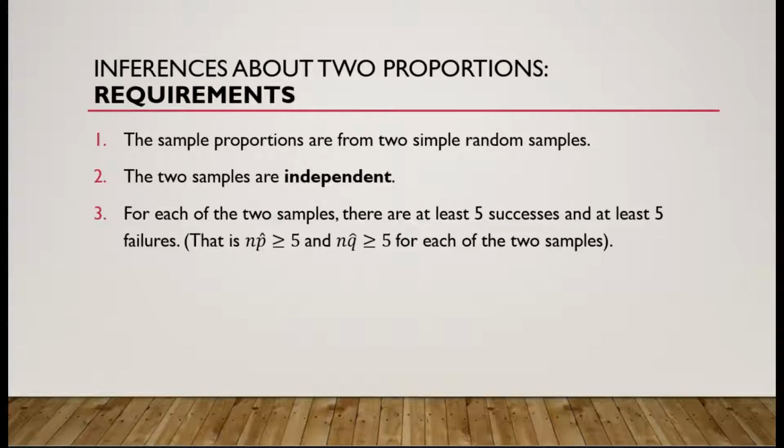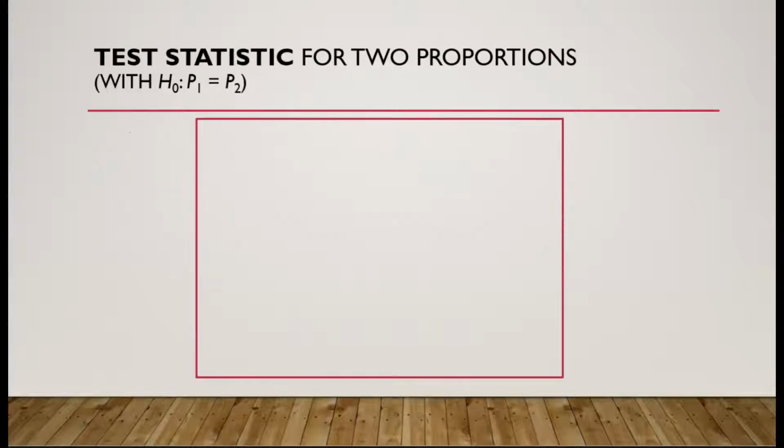We are going to look at an example on testing a claim about two population proportions using technology, StatCrunch. But just in case you want to calculate it by hand, the test statistic for two proportions can be found with the following formula.